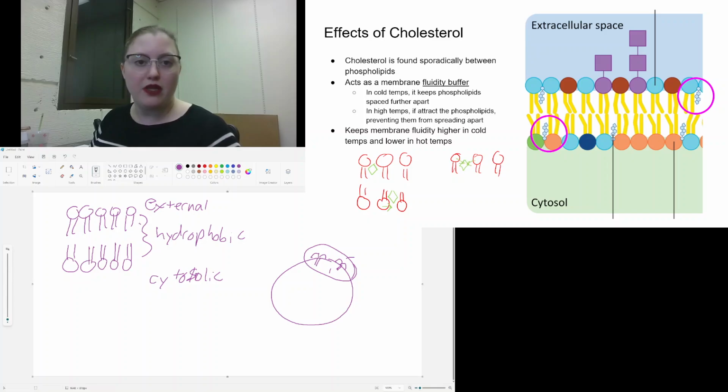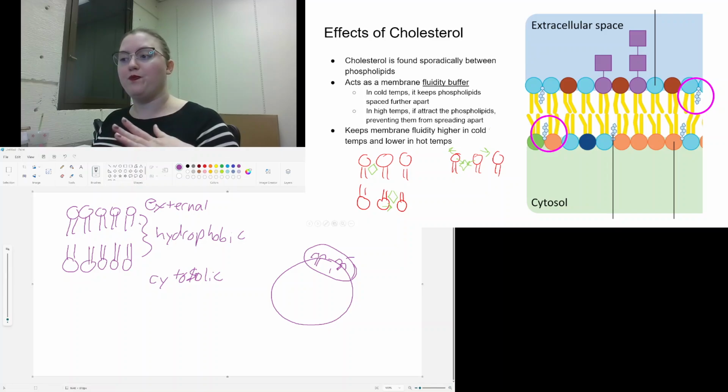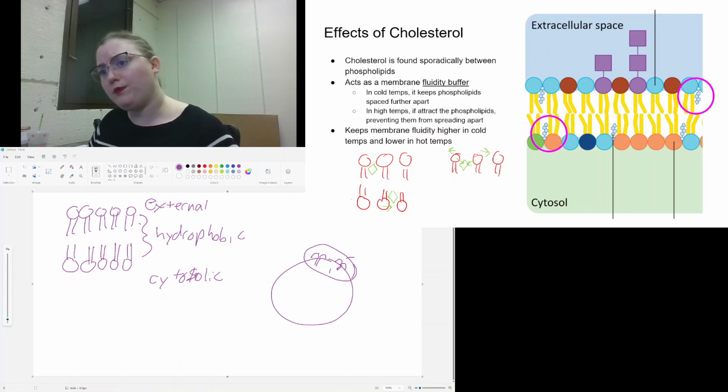So not only is it keeping them from crushing together, it's also keeping them from pulling apart, right? So in cold temperatures, the cholesterol keeps it from getting as rigid. And in hot temperatures, it keeps it from getting as fluid, right? So it helps keep our membrane fluidity a little bit more even, okay?